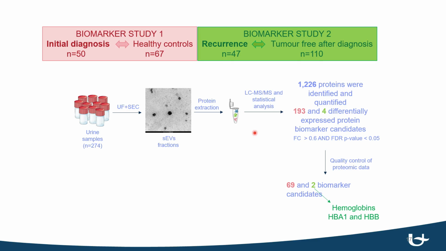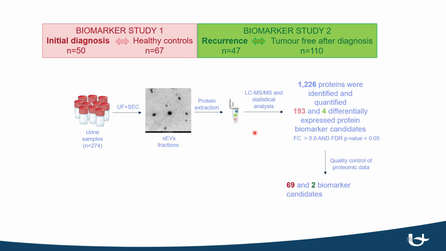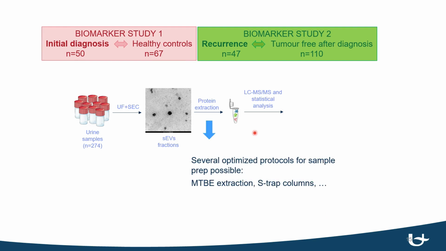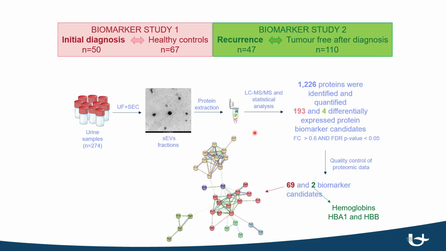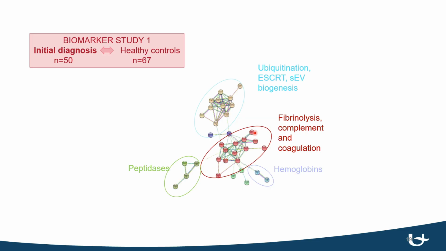Of the almost 200 proteins we identified, we also did the same quality control of the raw proteomics data, and we kept almost 70 proteins. And we did a pathway analysis and a STRING analysis, and basically we found that some processes that are really linked to EVs are apparently associated to bladder cancer.